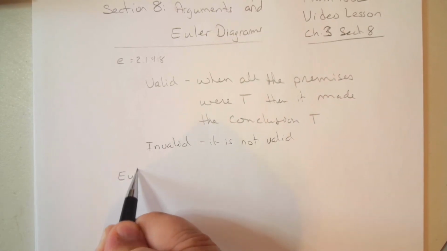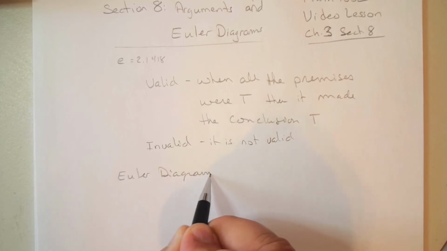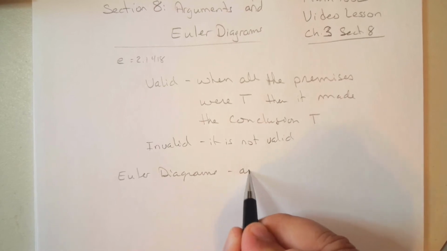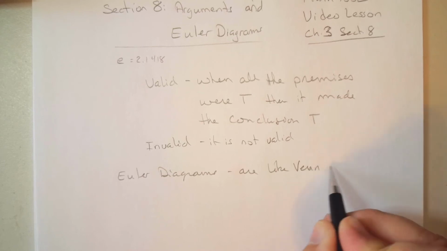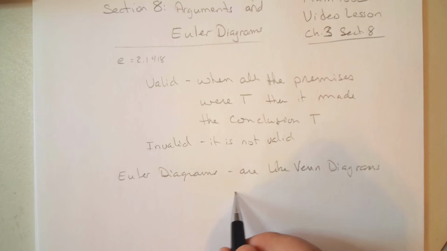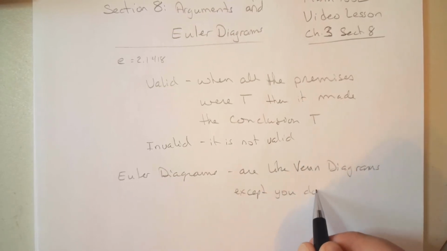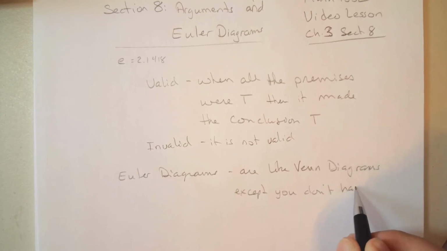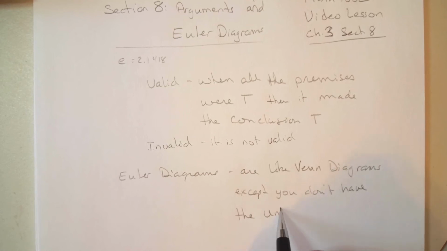Euler diagrams are like Venn diagrams, except you don't have the universe defined.